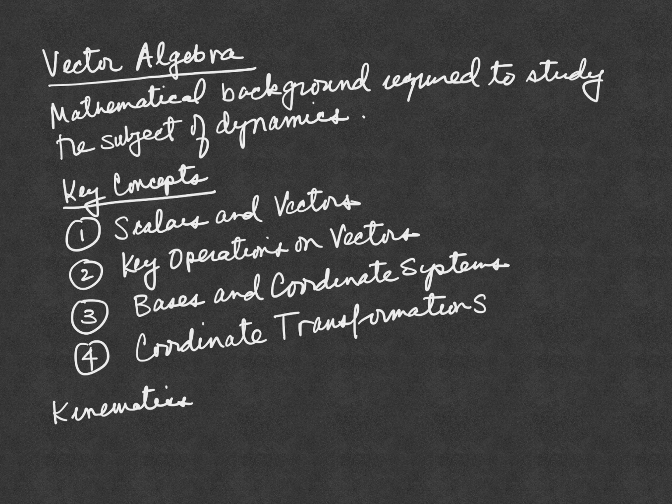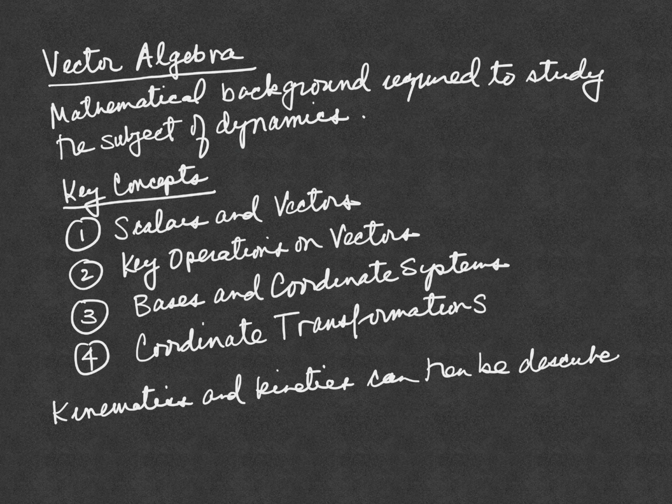So kinematics and kinetics can then be described. So we're not going to do kinematics and kinetics in this particular lecture, but we're going to do these four major parts of vector algebra. So the next step is going to be to start with scalars and vectors and move our way through all of these key concepts.